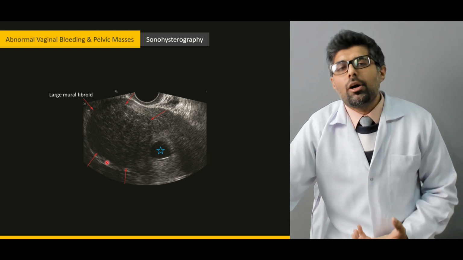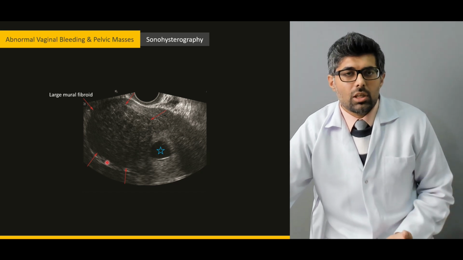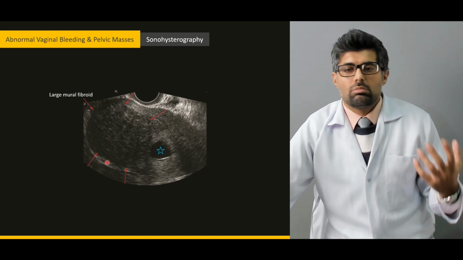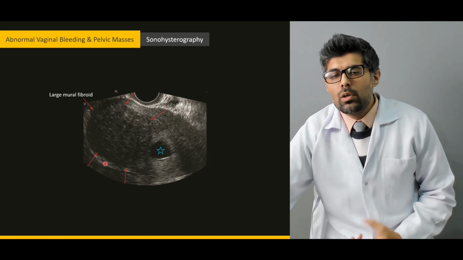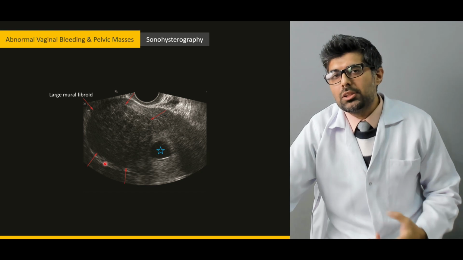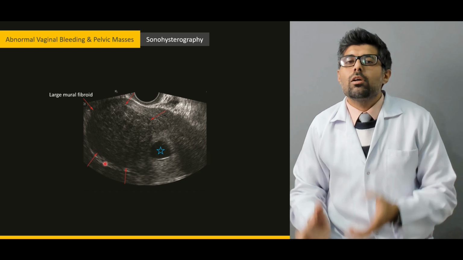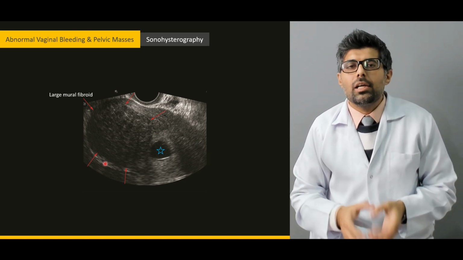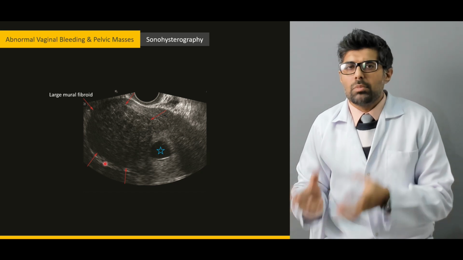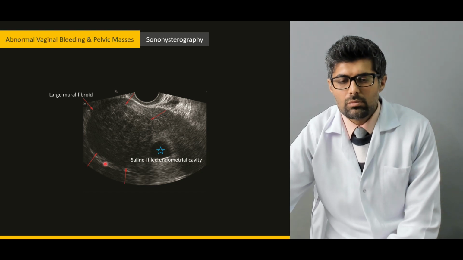But small fibroids are usually found either on ultrasounds, through sonohysterography, or through MRI. Only large fibroids are found on palpation, and fibroids are usually of benign nature. They do not pose any kind of malignant potential.